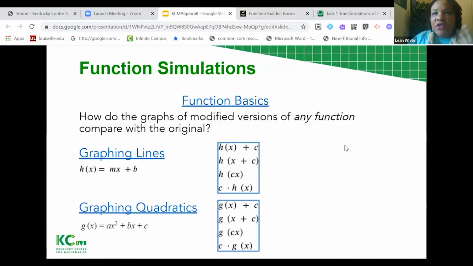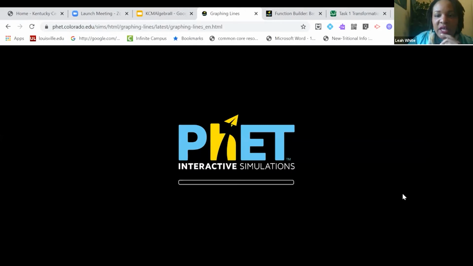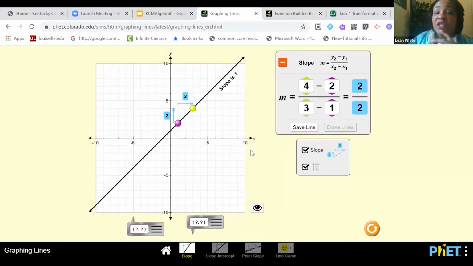So, okay, so kids are kind of getting some ideas about what a function does. So let's look at graphing lines. We're looking at the function h of x here. And so this is a simulation that I thought was really cool because it helps kids explore those parameters of functions, and there's lots of different forms of the function, right? So in the PowerPoint, I just had, you know, the slope-intercept form, but you can look at various forms.